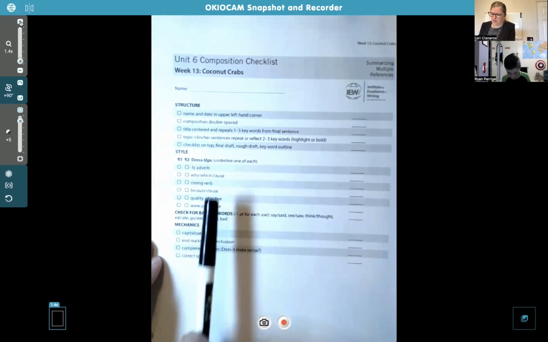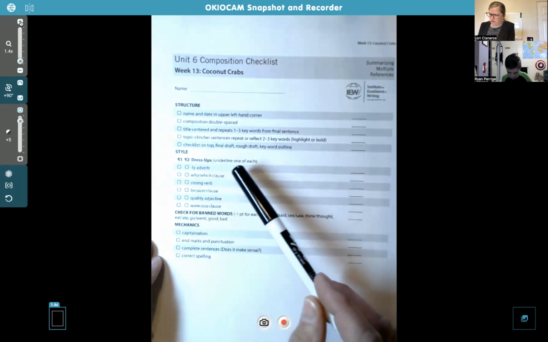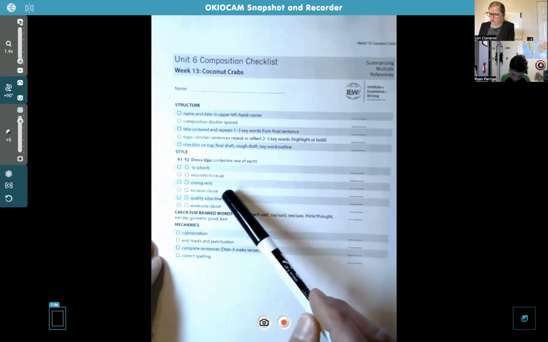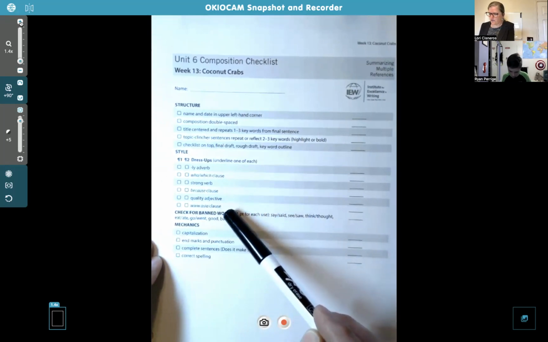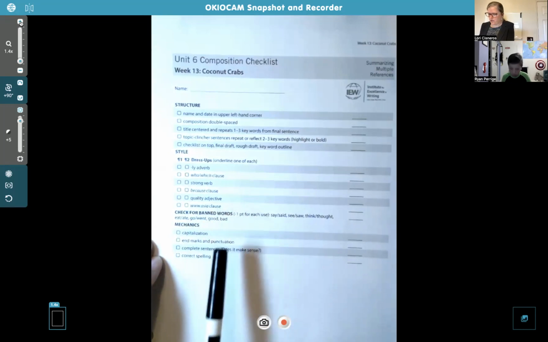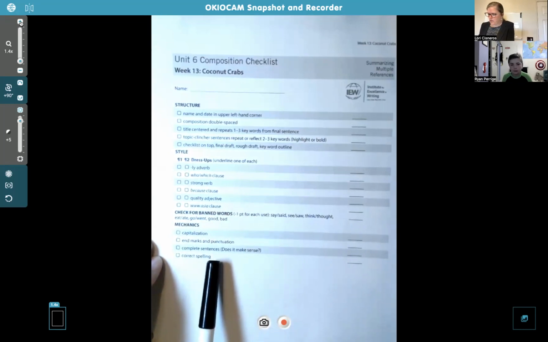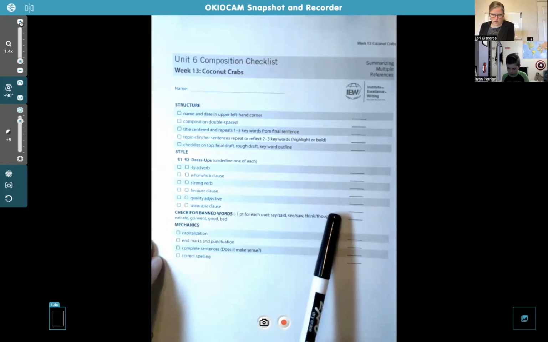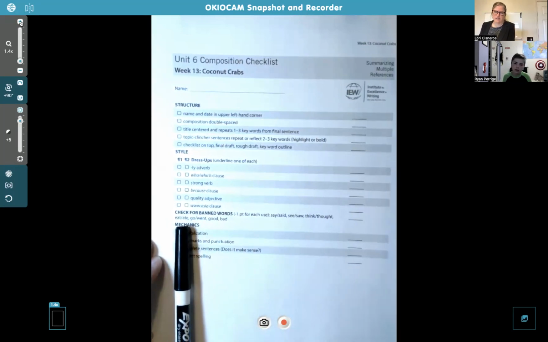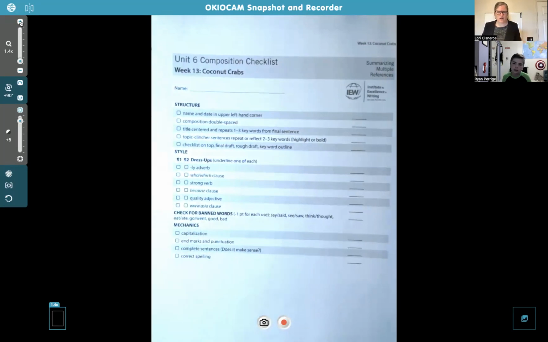So each paragraph needs 6 things underlined: your ly adverb, who/which clause, strong verb, because clause, quality adjective, and your www.asia clause. And for your banned words, the ones you really want to be careful of are eat and ate, because obviously you're going to be talking a lot about their diets. So make sure to stay away from eat and ate.